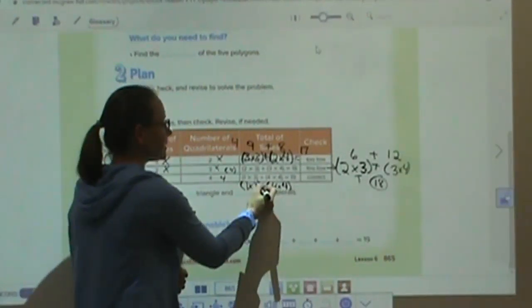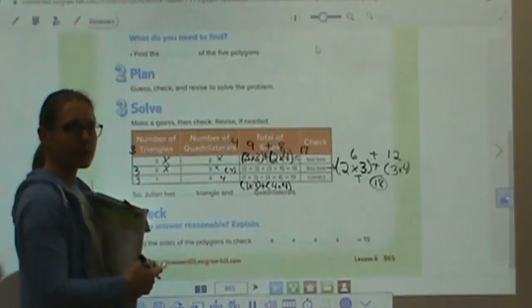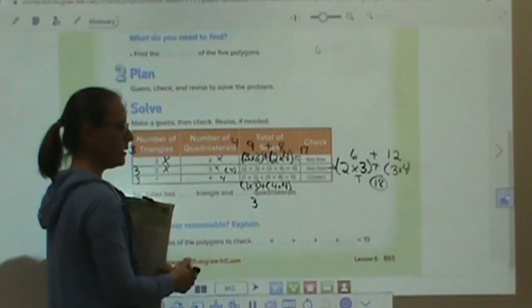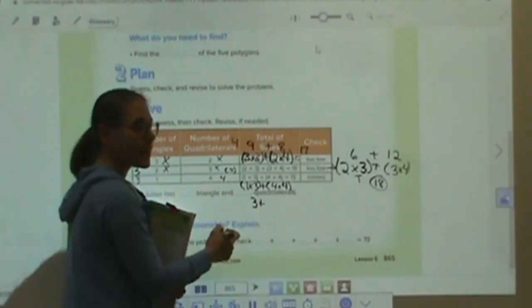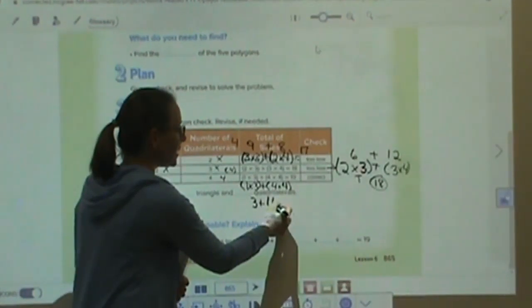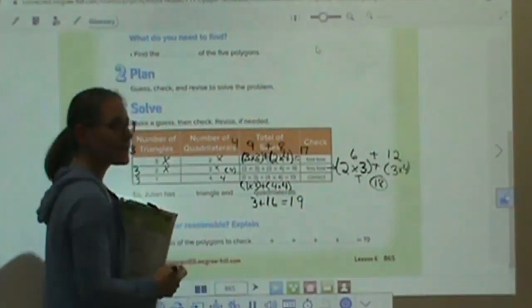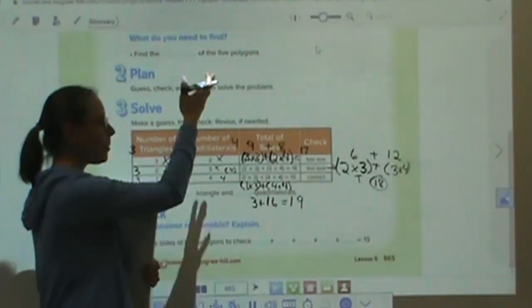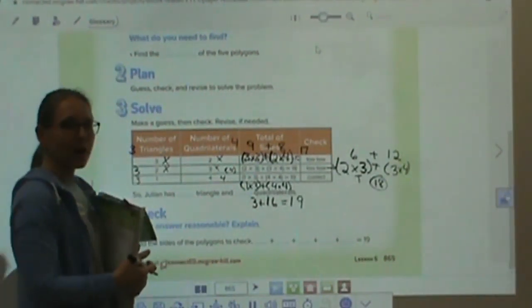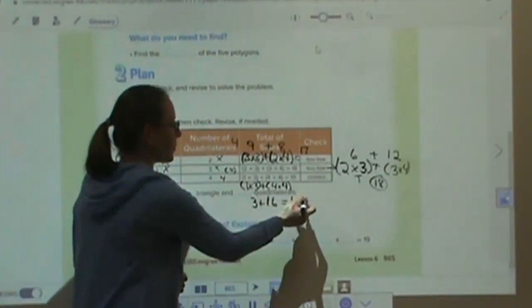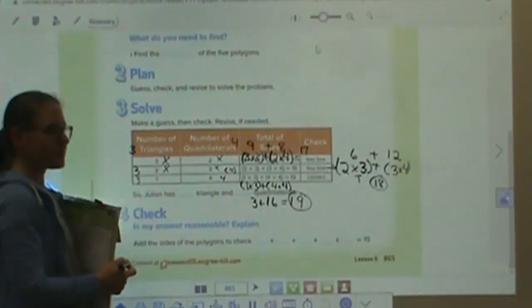And we're going to add that together and see how many sides we get. 1 times 3 is 3. 4 times 4 is 16. 3 plus 16 is in fact 19. If you go back up to the top of the problem, we are looking for 19 sides. So that number is correct.